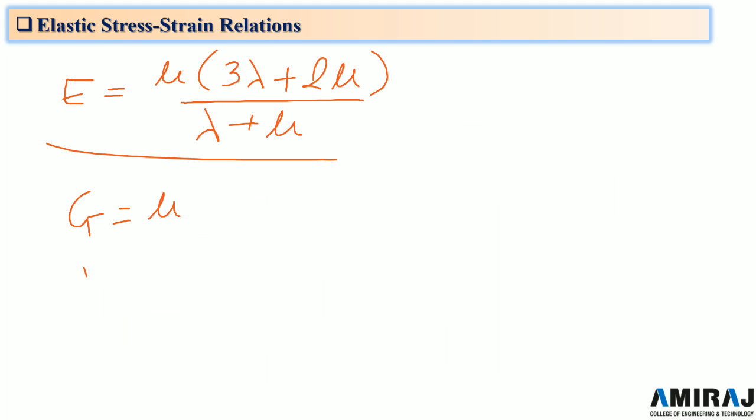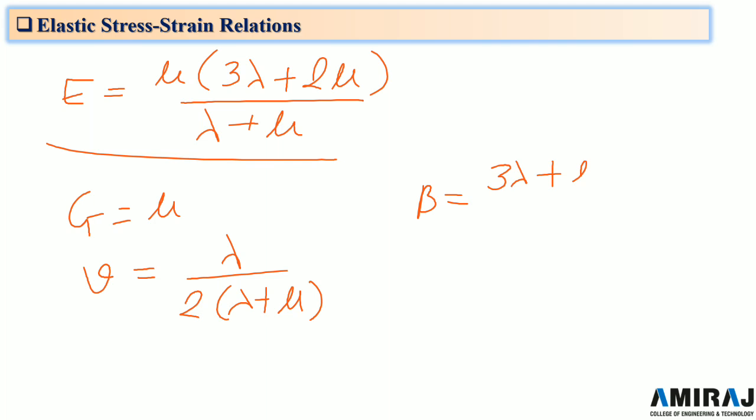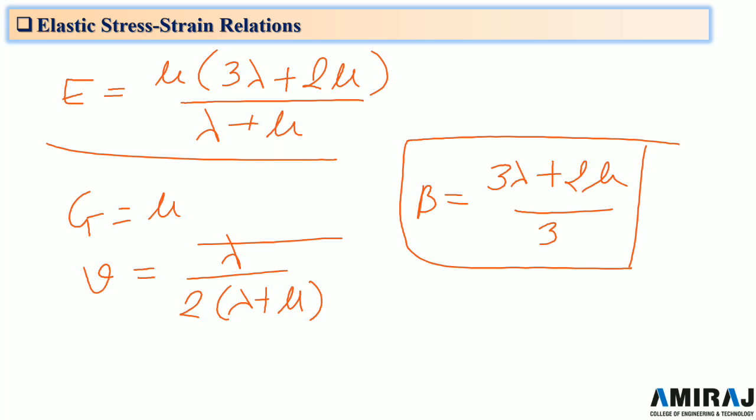Then Poisson's ratio will be equal to lambda upon 2 (lambda plus mu), while bulk modulus capital B is equal to (3 lambda plus 2 mu) by 3. So these are the various relations, or these are the elastic stress strain relations.